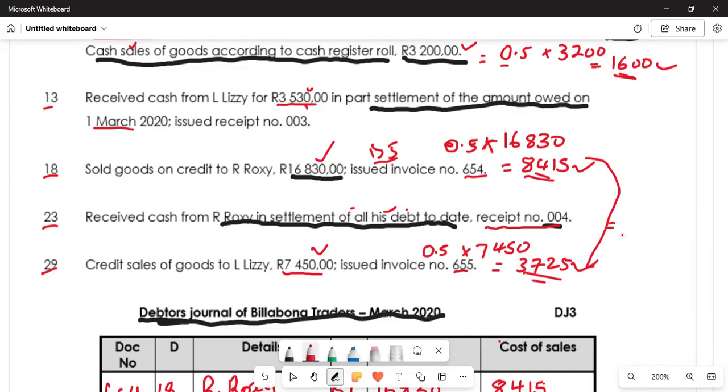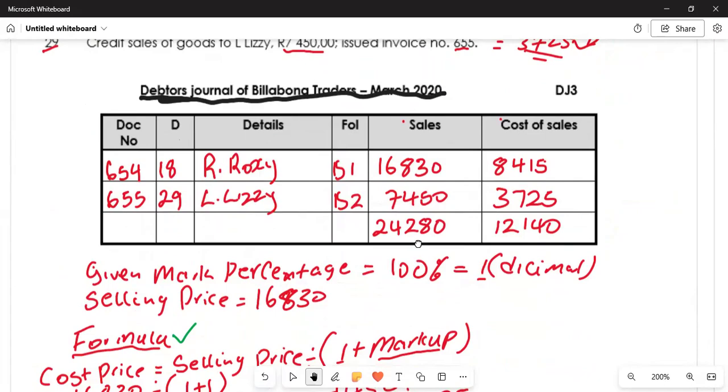They are going to give us what? As our debtors journal. Let's add our debtors journal, because these ones are our debtors journal. So when you add them up, they're going to give us 12,140.